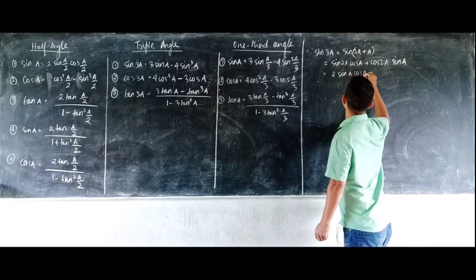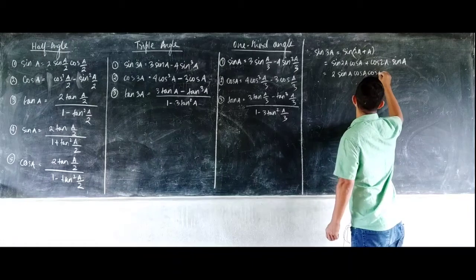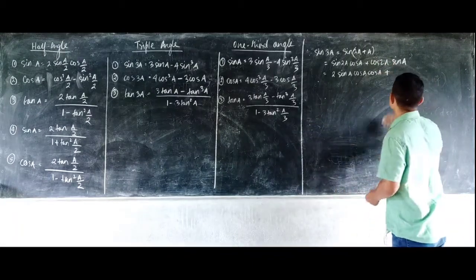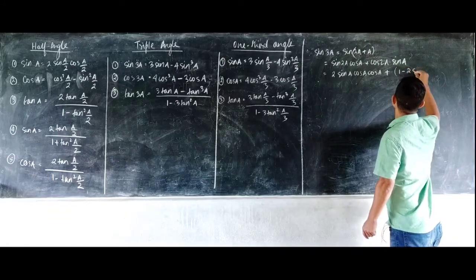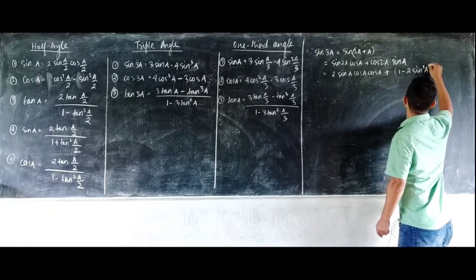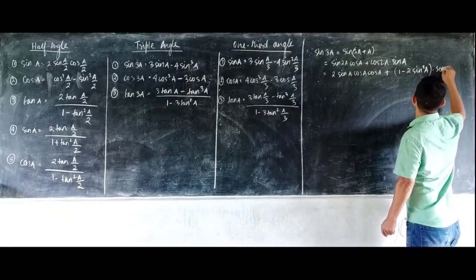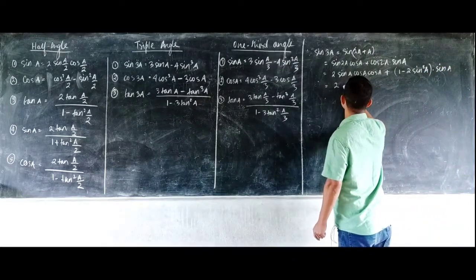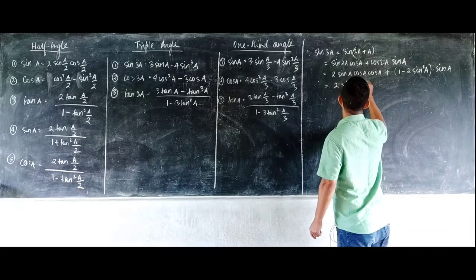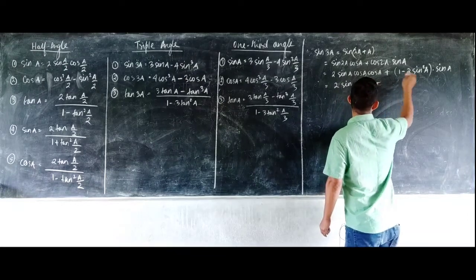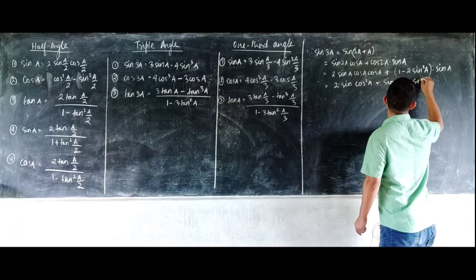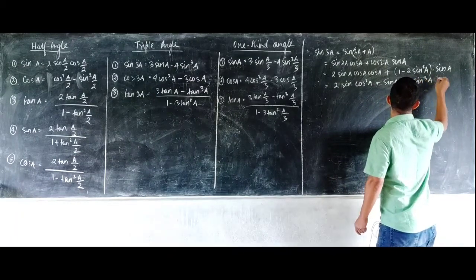Now again putting the formula of multiple angle, sine 2a is equal to 2 sine a cos a, and I already have the other cos a. Now cos 2a I will write in terms of sine, so it is 1 minus 2 sine square a, and then finally sine a. This gives me 2 sine a cos square a plus sine a minus 2 sine cube a.